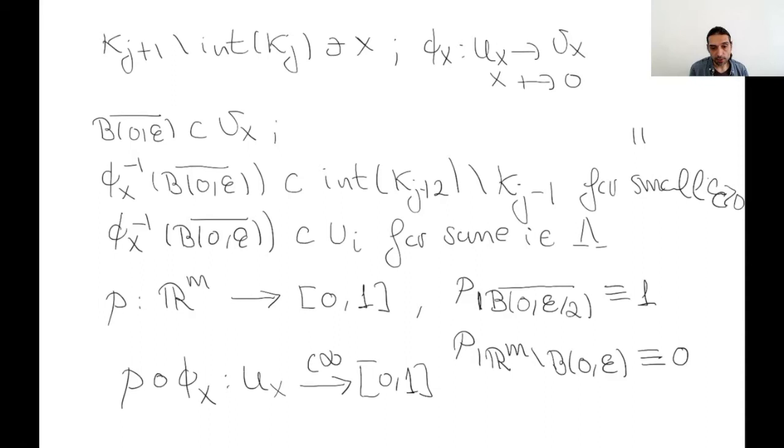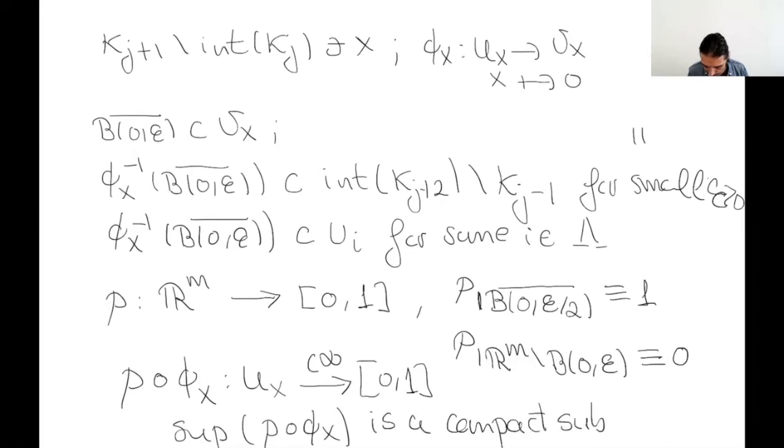But we have to realize that because of the way we are defining it, the support of this function is a compact subset of U_x.